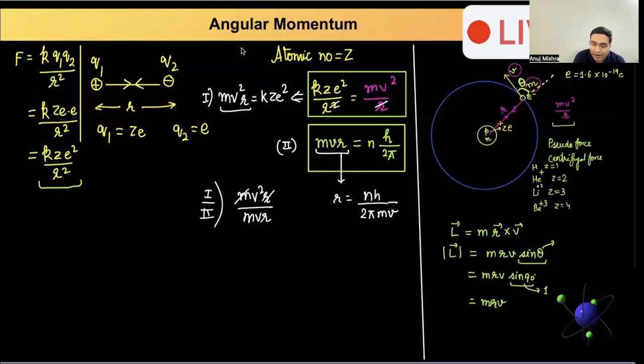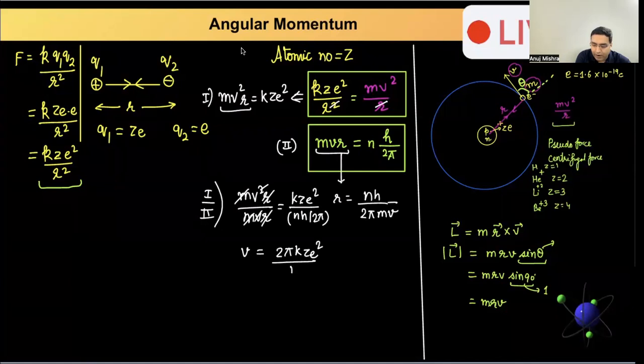M cancels, R cancels. What is left? V is remaining, and that is equal to kz square upon nh upon 2 pi. So if you solve it carefully, V comes out to be 2 pi kz square upon nh.